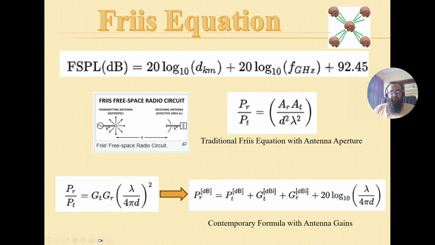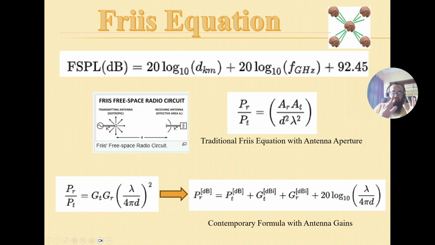So as I was mentioning, because this is log 10 of distance and log 10 of frequency, if we put distance as 10 kilometers and frequency as 10 gigahertz, then base 10 log of 10 is 1.